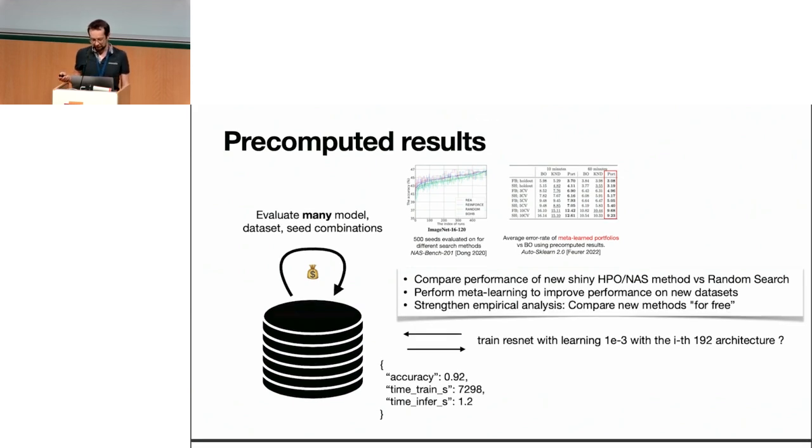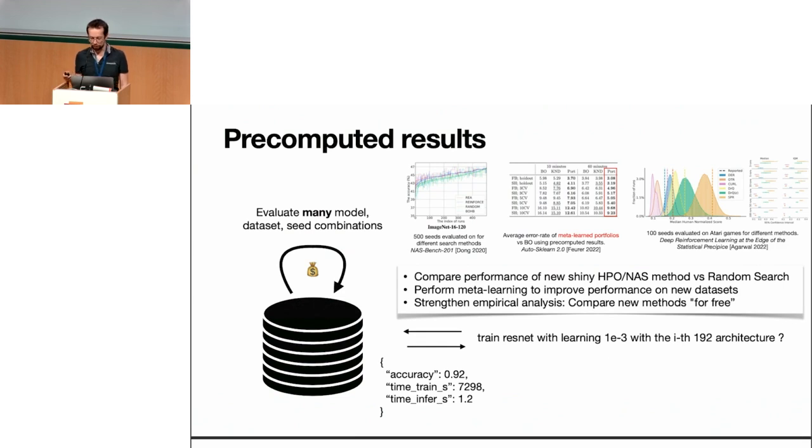And finally, using those pre-computed results, you can strengthen empirical analysis. So here I'm showing one example from a paper that got an outstanding award in AutoML, where they evaluated 6 RL algorithms on all Atari games, but they ran with 100 seeds, and they really analyzed the results intensively. Can you see my mouse? Yeah, you can see my mouse.